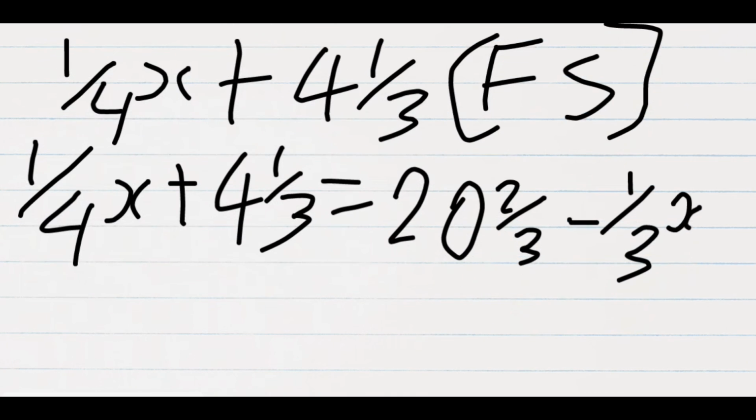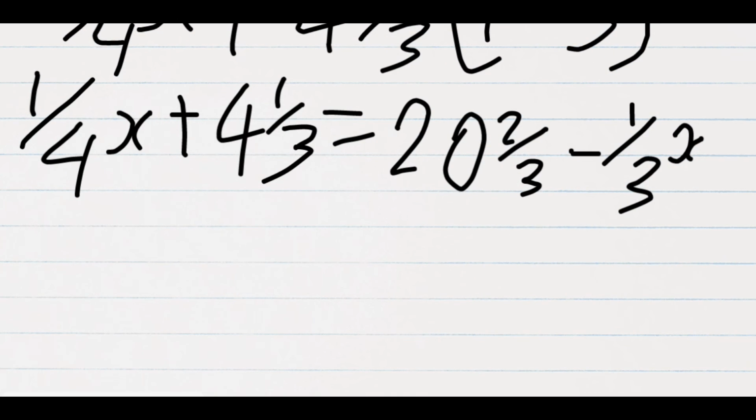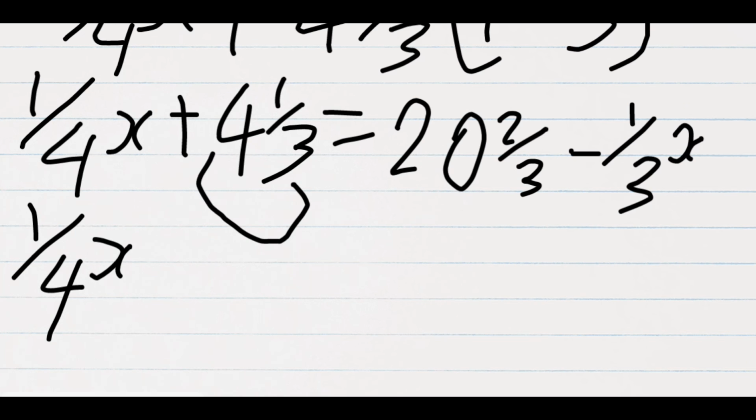Now we're going to turn the mixed fractions to improper fractions. To convert 4 whole number 1 over 3 to an improper fraction, we'll multiply this to this and add to this. 3 times 4 is 12, and 12 plus 1 is 13.